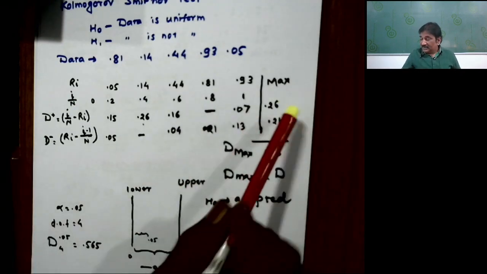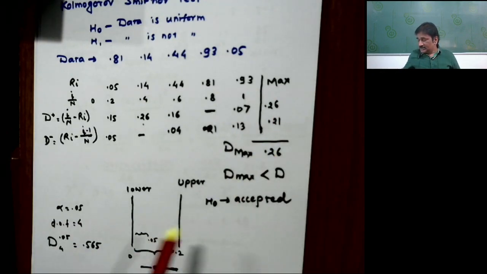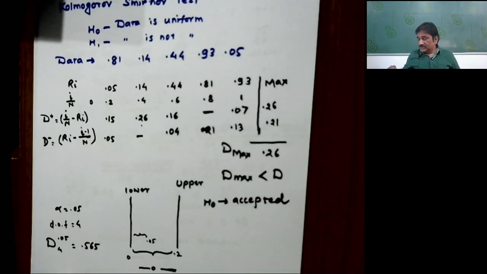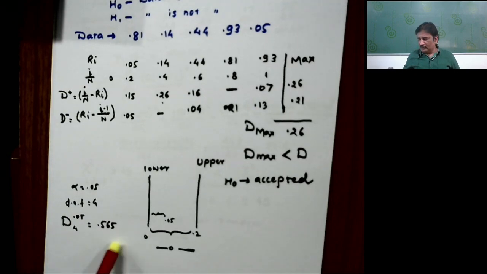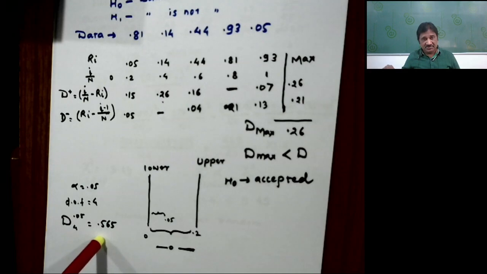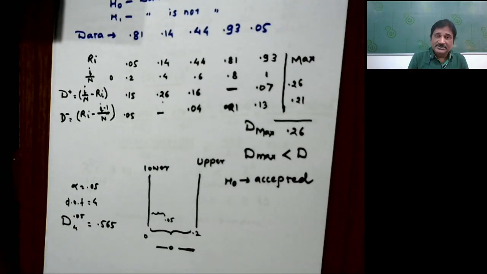So in that case, Dmax would be 0.8, and from the Kolmogorov-Smirnov table for degree of freedom 4 and level of significance 0.05 the number would have been 0.565, which is less than this one. In that case, you obviously will be saying that this data is not uniform, right? Got it? So that is the Kolmogorov-Smirnov test.